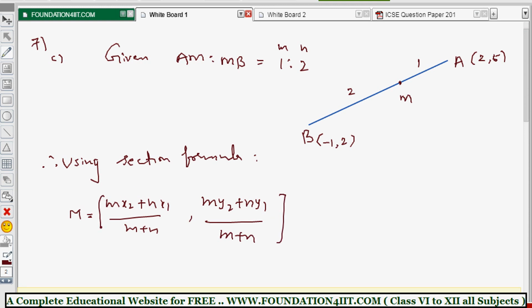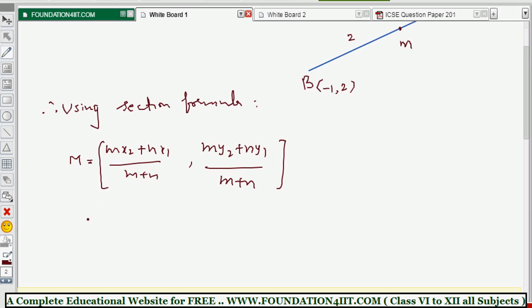So A is (x1, y1), B is (x2, y2). If you apply it, that is 2 into -1, and 1 into 2, by 2 plus 1. I took this as m and that as n, you can take it either way, and 2 into 2 plus 1 into 5, by 2 plus 1. Just apply the formula. That is 4 minus 1 is 3, 3 by 3 is 1, comma, 9 by 3 is 3. So (1, 4) is the coordinate of M.